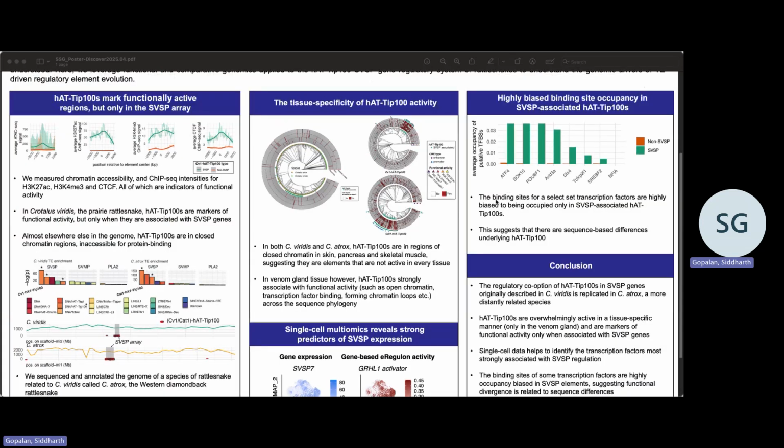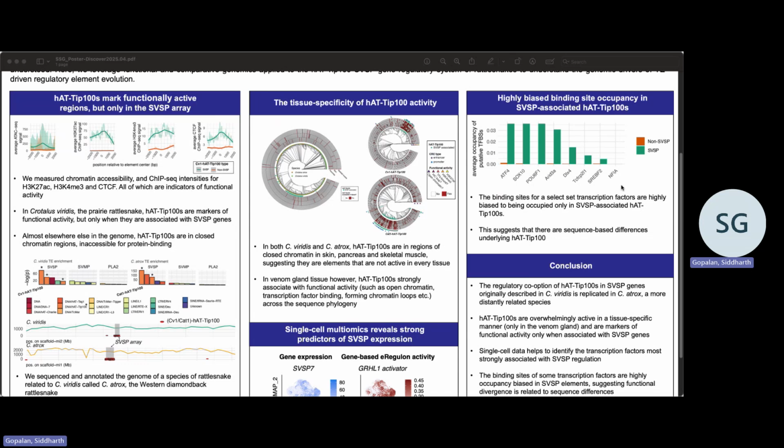And lastly, what I'm showing here on the right side are the binding sites for several transcription factors, which show very strong occupancy site bias, which means that they're far more likely to be occupied in one class versus the other class. And in green, I'm showing the SVSP-associated transposable elements, and in red, the non-SVSP-associated elements.